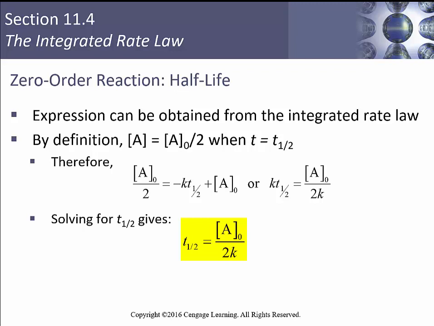So again, our half-life is going to be 1/2 our initial concentration, and our half-life time is going to be some value that we're going to solve for. So initial concentration over 2 is equal to minus k times T1/2 plus A naught, or we can say kT1/2 is equal to our initial concentration divided by 2, or we just simplify it as T1/2 is our initial concentration over 2k.